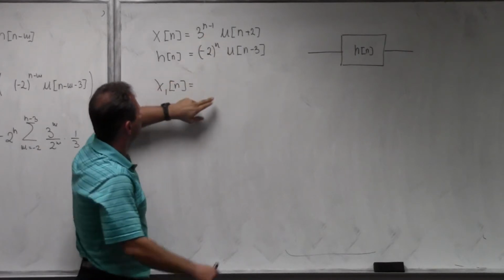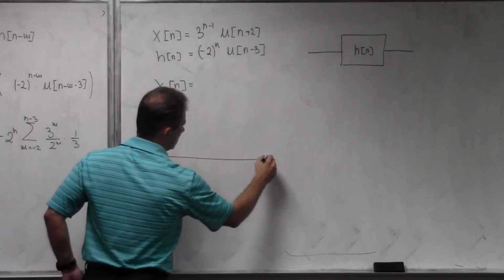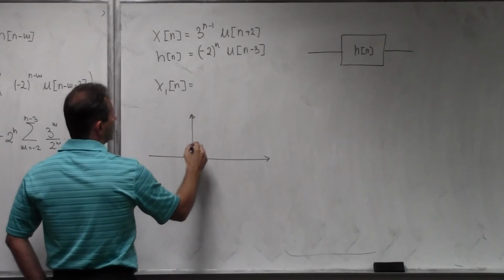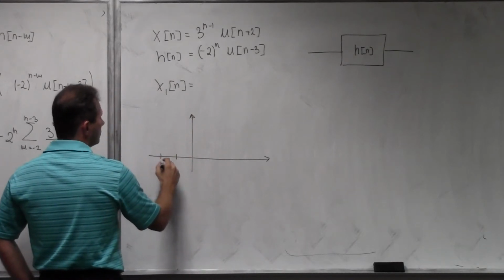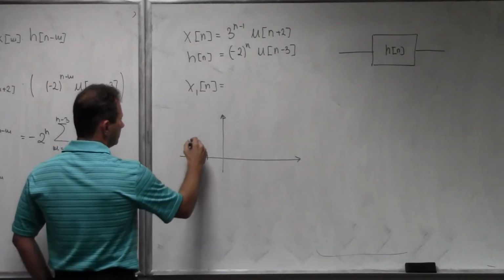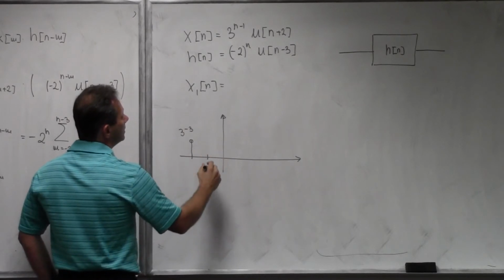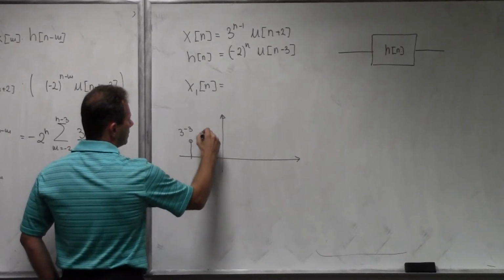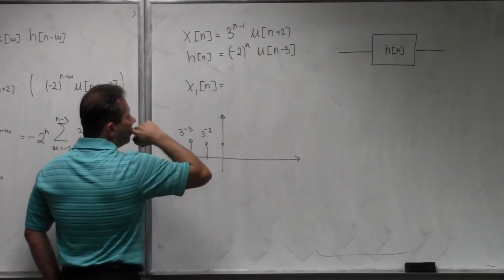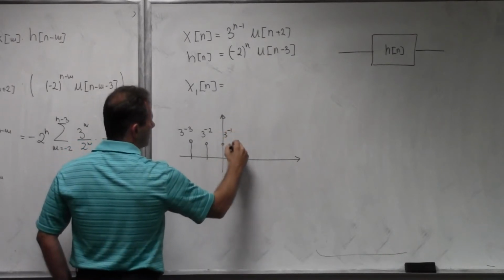Let me just draw it so it will be easier to think about. So this is minus 1, minus 2. At minus 2, this is 3 to the minus 3. Then at minus 1, this is 3 to the minus 2. At 0, this is 3 to the minus 1.